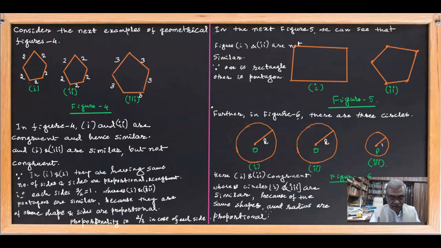Because you can have another radius, for example, here another radius, this is also 2, and here another radius, this is also 2, and therefore I can write down, this is OA and this is OB, this is OP and this is OQ, and therefore OA by OP equal to OB by OQ equal to 2 by 1, that is 2 only in each case, and therefore they are similar.